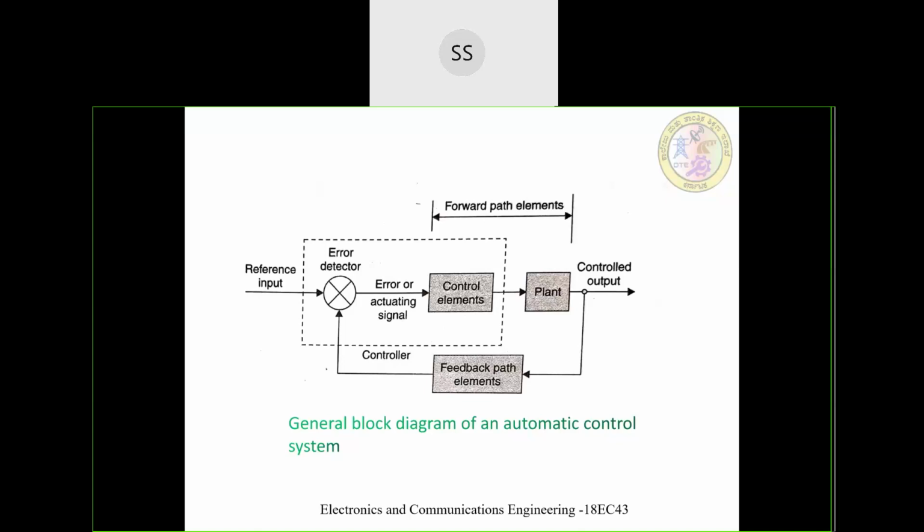Whatever he recognizes, that 20 km/h less speed itself is an error now. That will act as an error signal. Once he recognizes that error, he will work on it, that is, he will increase the force on the accelerator pedal till the speedometer shows 100 kilometers.